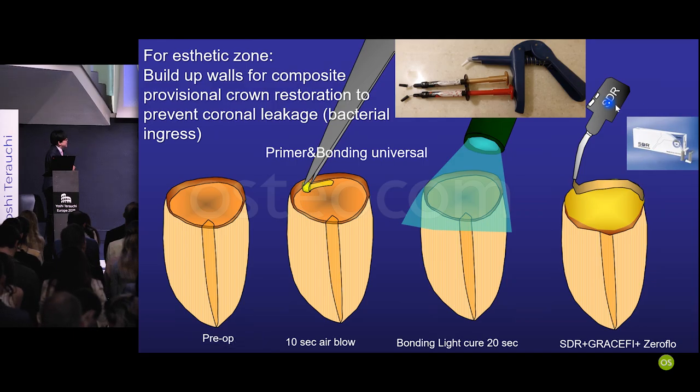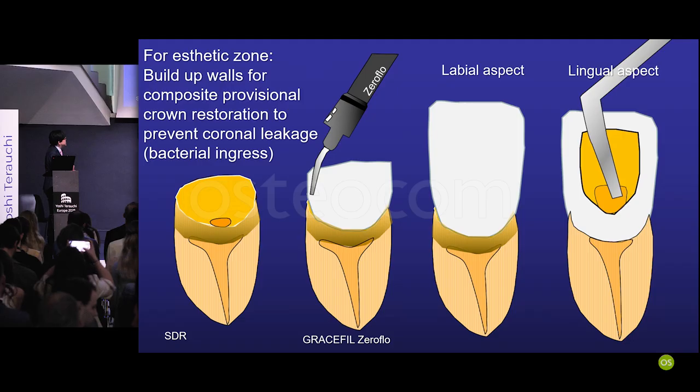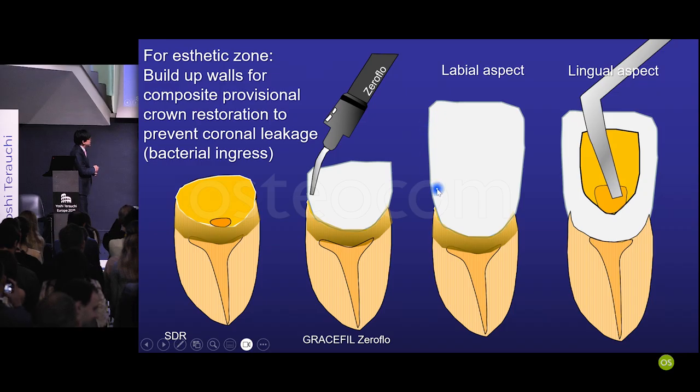I place SDR on the root, then I place normal composite to make it look like a normal tooth. And of course, there's no gap between the composite restoration and the root. So this prevents the coronal leakage.